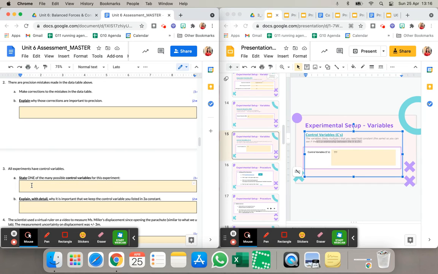So things like same weight, same parachute, even same weather, those were all accepted here. And then for the explanation, I was really looking for you to say something about how my control variable would affect the dependent variable.